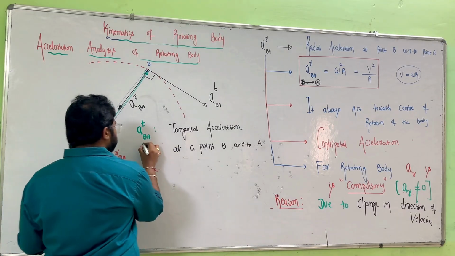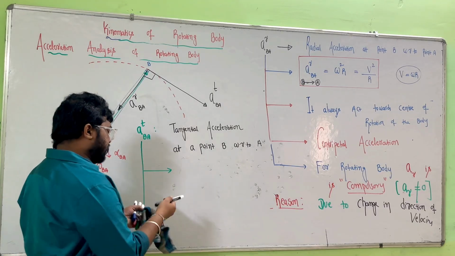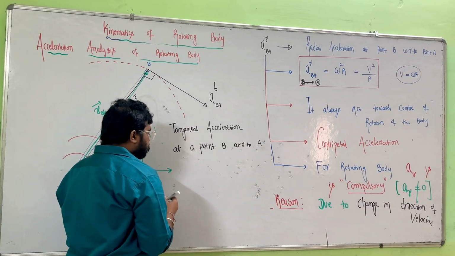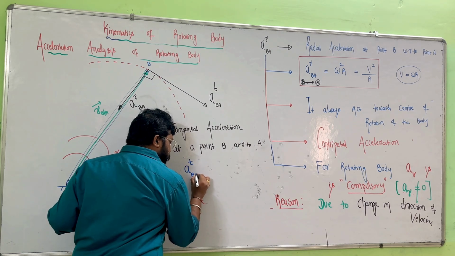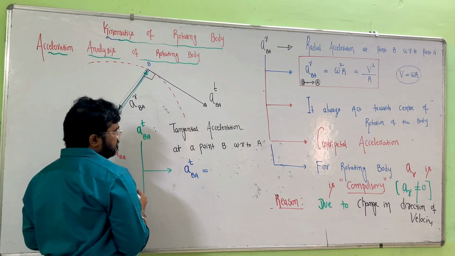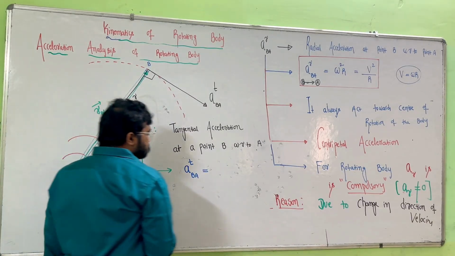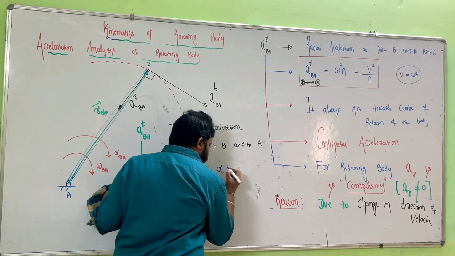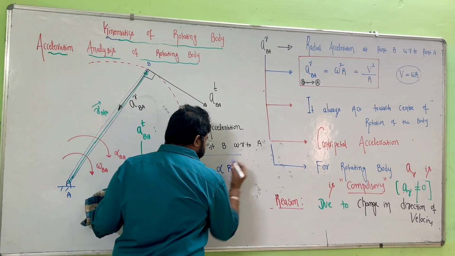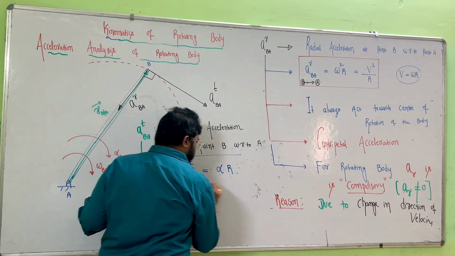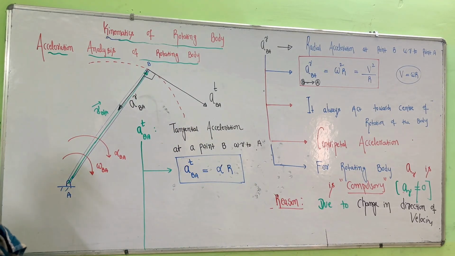So what is the magnitude of tangential acceleration at point B with respect to point A? This is nothing but alpha r. So we can write it as alpha r. So what is the direction?